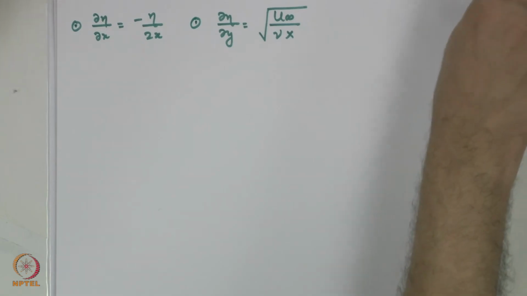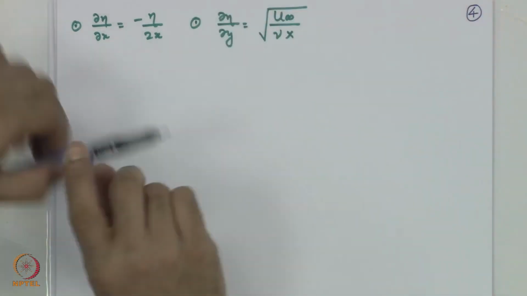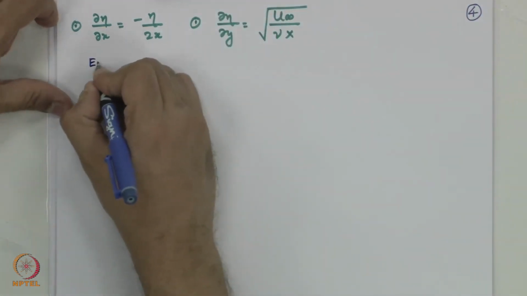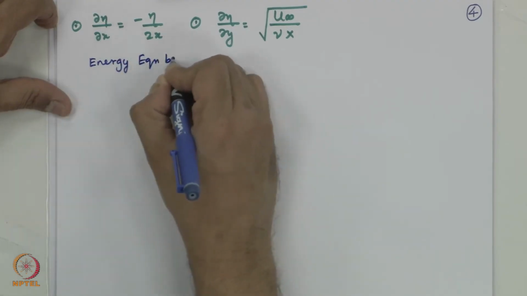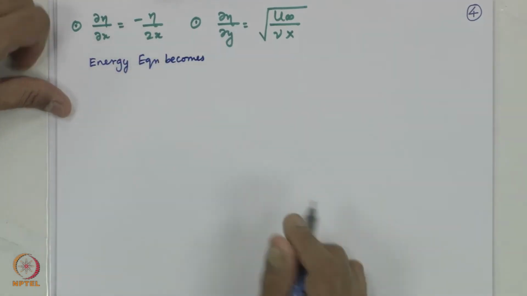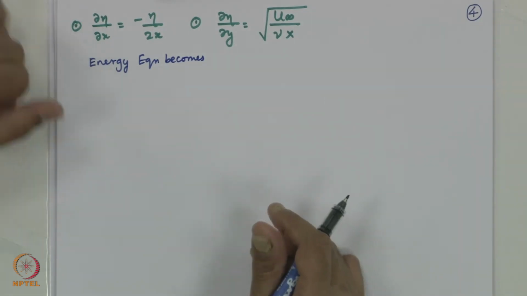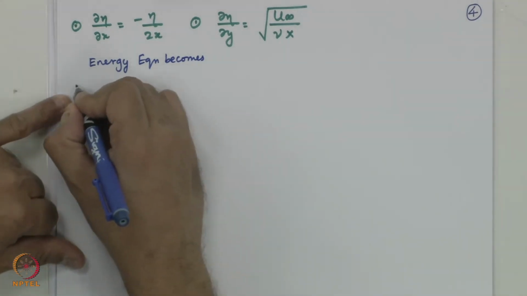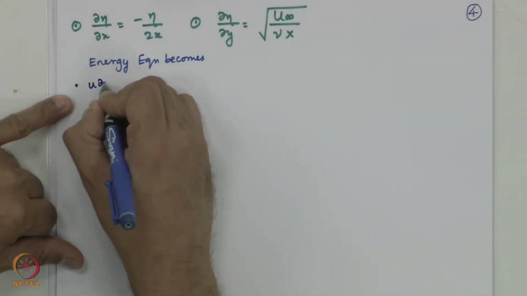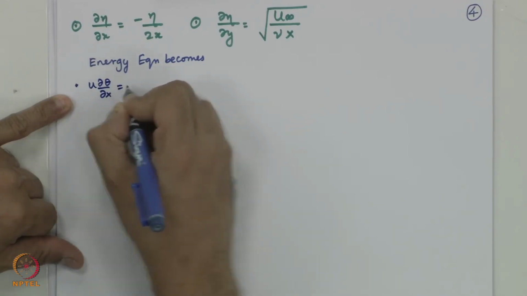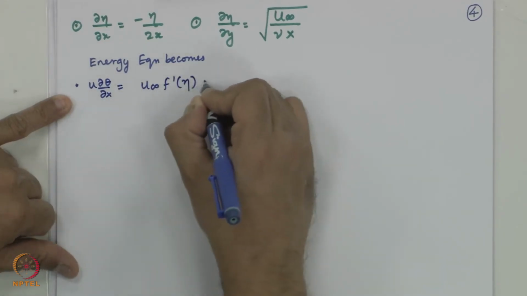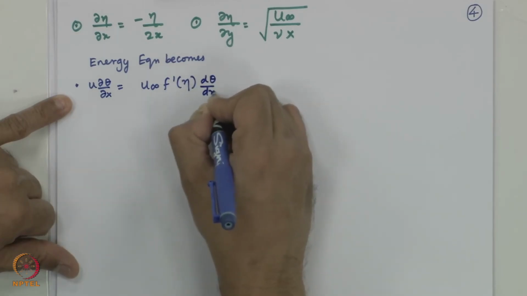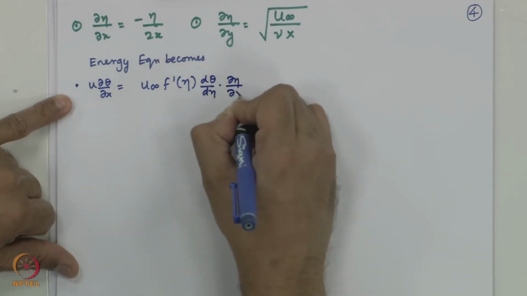So once I substitute these things in the equation, the energy equation becomes: u dθ/dx is equal to u∞ f'(η) dθ/dη dη/dx.